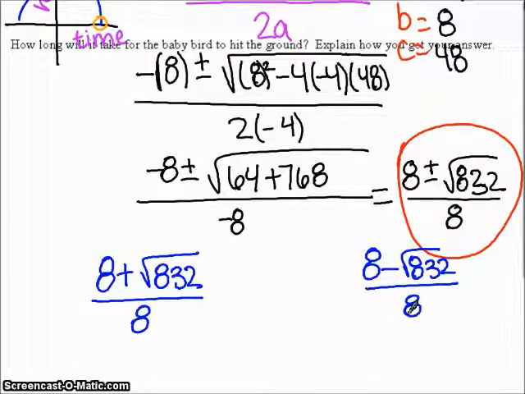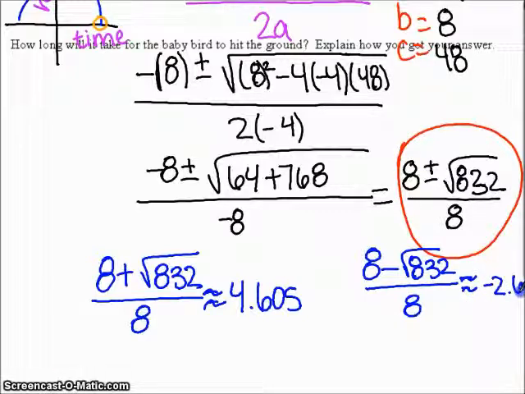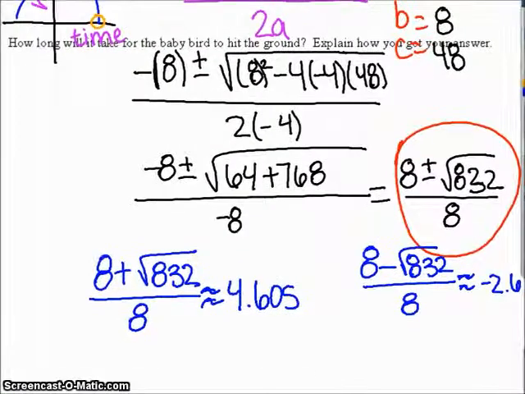Now, when I put this into my calculator and simplify both of these, for 8 plus the square root of 832 divided by 8, I get about 4.605, and for 8 minus the square root of 832 divided by 8, I get about negative 2.605.